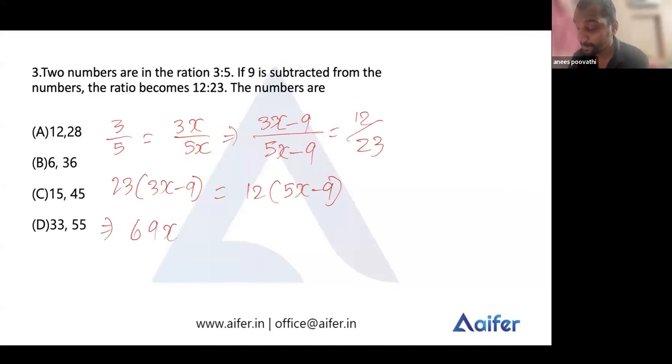So we have 69x minus 23 into 9, which is 180 plus 27, 207, is equal to 60x minus 12 into 9, which is 108.